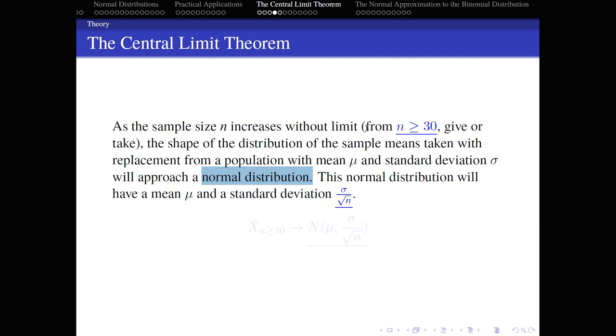And this is very cool. This is why we spend so much time working with the normal distribution.